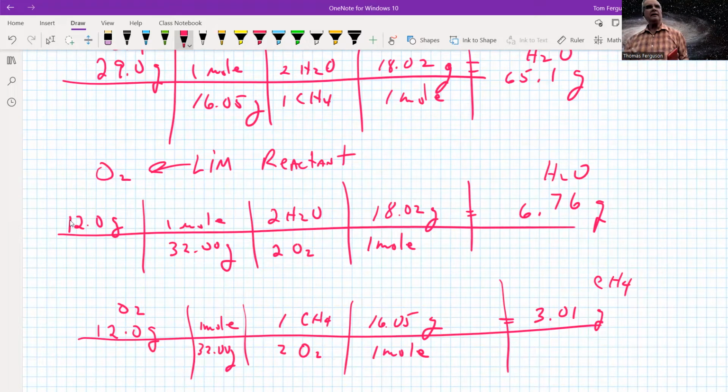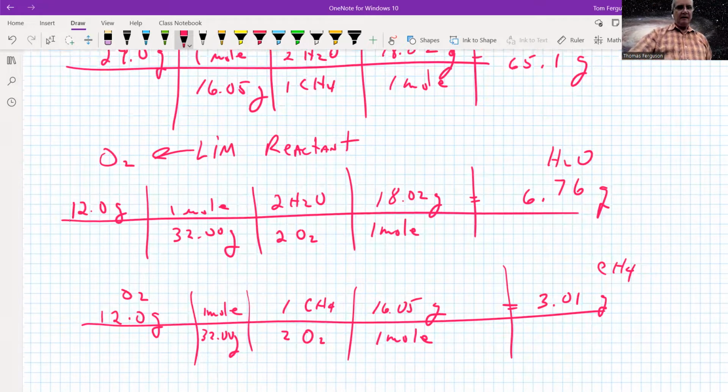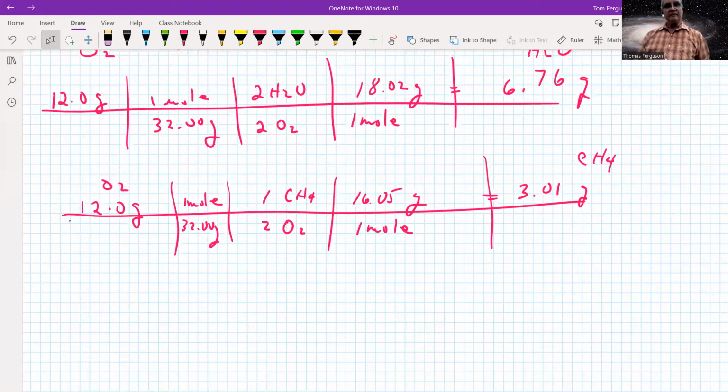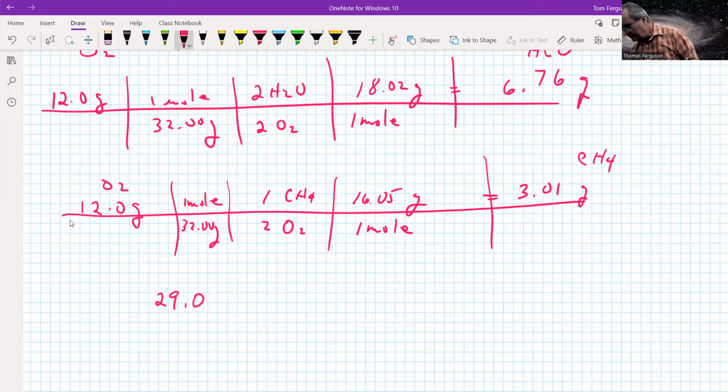But we started with 29. So the fourth calculation is going to be how much is left over. We started with 29 grams of methane. We used 3.